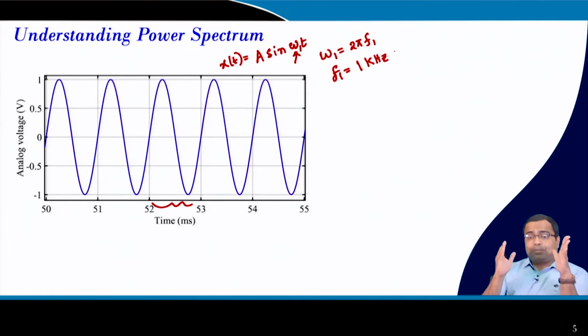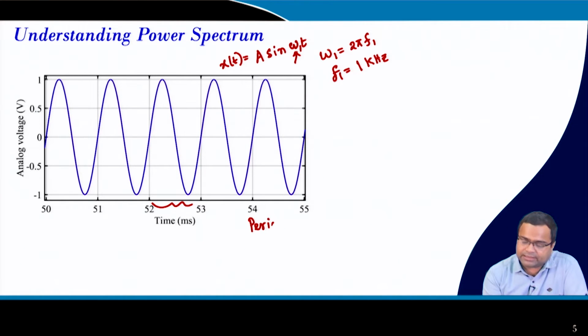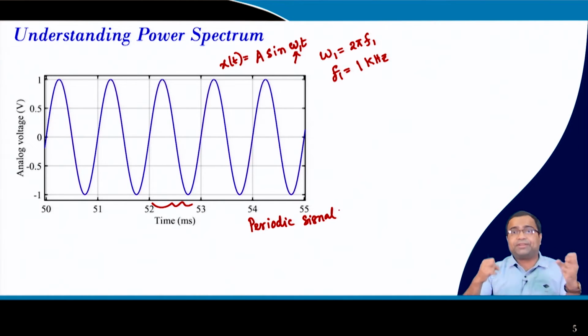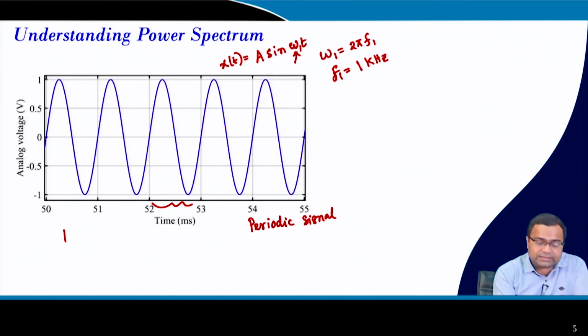Now, if we do power spectrum, this is a periodic signal, right? And if we want to extract the frequency component of a periodic signal, then what we should do? We go for Fourier series.